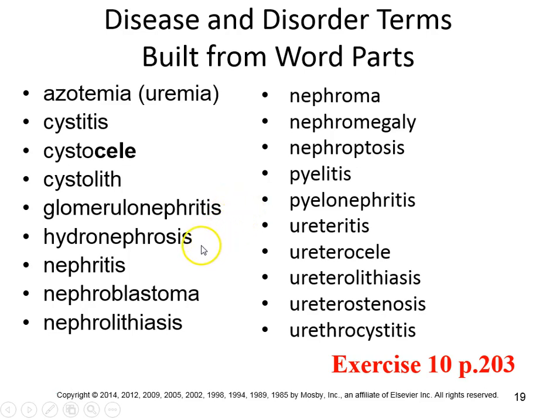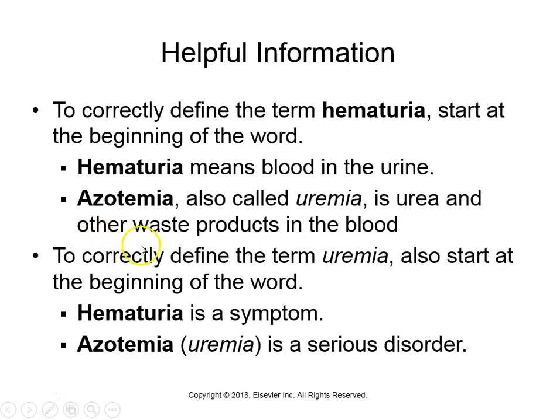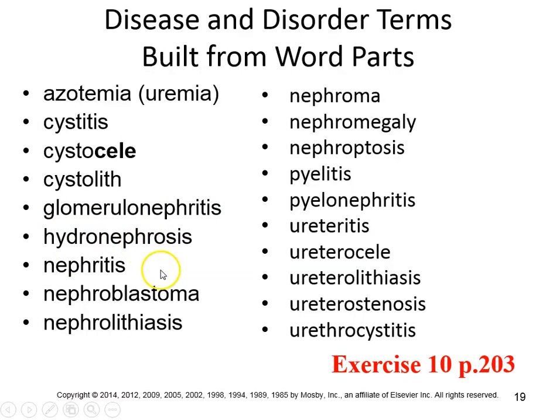Let's see. If you have a condition of water in the kidney, that would be an example of that. There are tumors in the kidney as well, so if you have a tumor of the developing kidney cells, that would be a nephroblastoma. If your kidney is developing too much or it's too large, you would have nephromegaly, because megaly means enlargement.